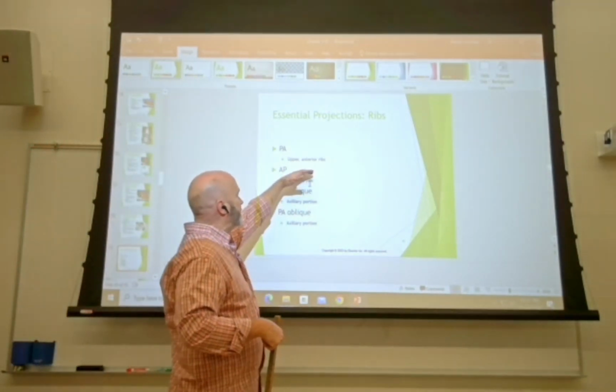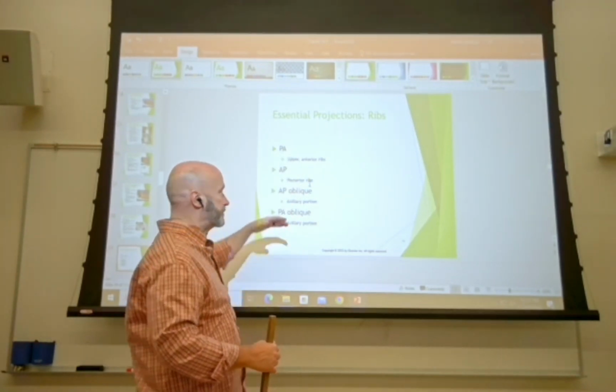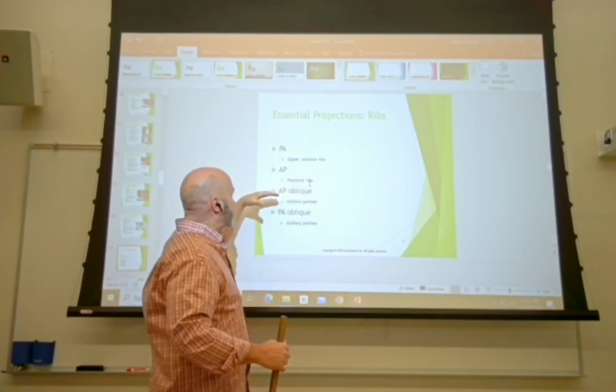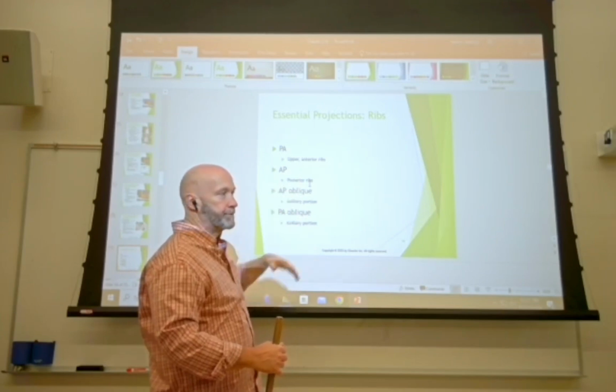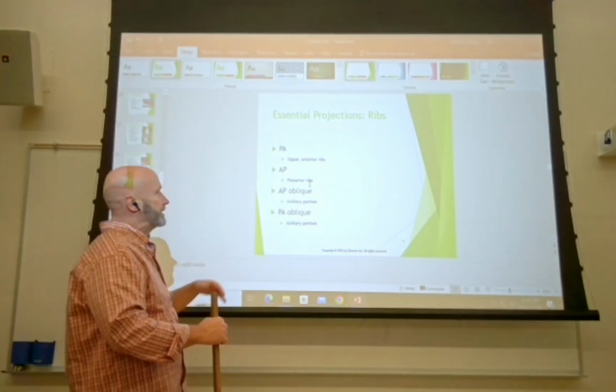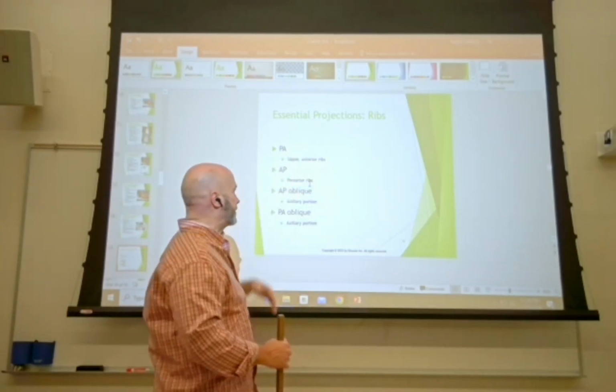If you're looking at anterior ribs, you're going to shoot a PA projection to put the ribs closer to the image receptor. If you're looking at posterior ribs, you're going to shoot an AP projection. So PA for anterior ribs, AP for posterior ribs.